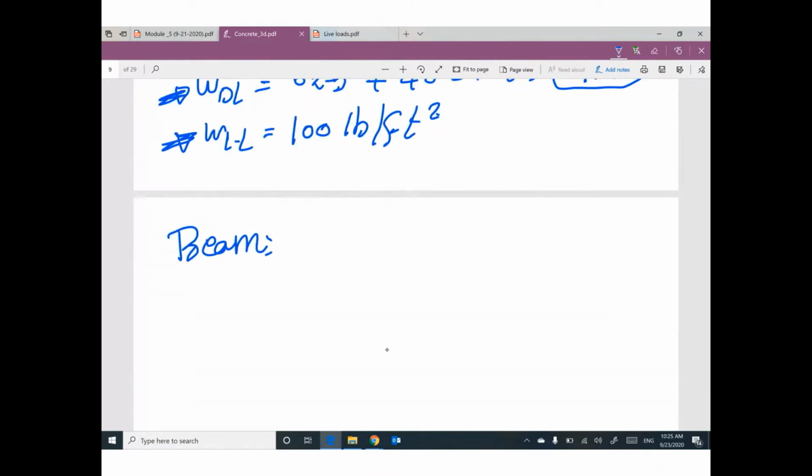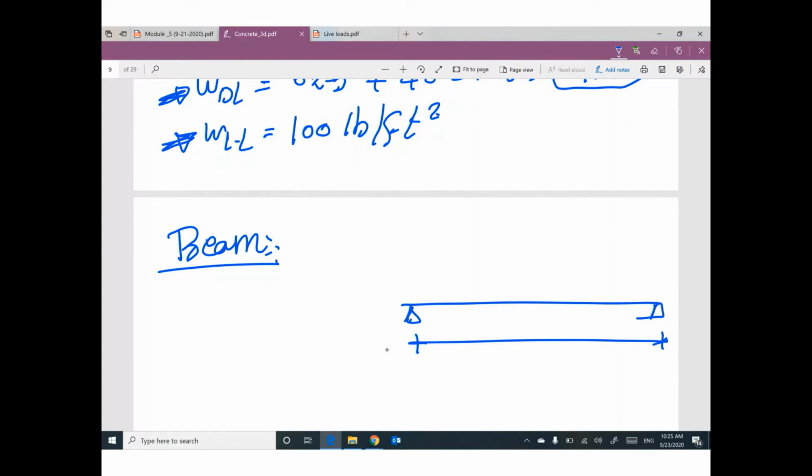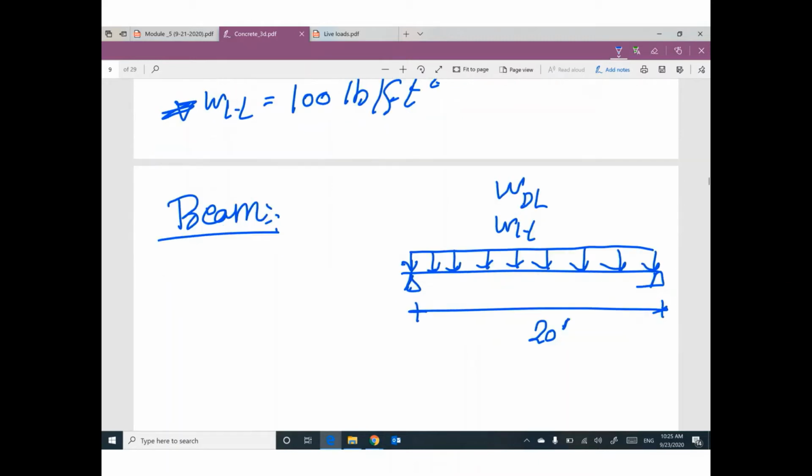So your beam is simply supported with 20 feet span, and will have uniform distributed load, W dead load and W live load. Let's start with the W dead load.